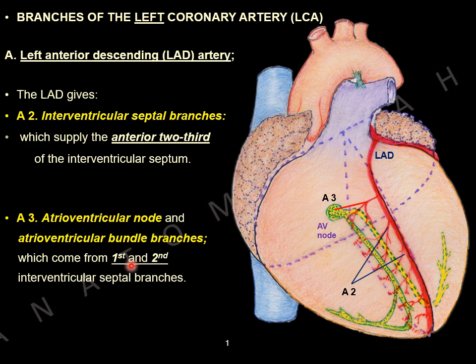They come from the first and second interventricular septal branches. So these are the interventricular septal branches coming from the LAD. The first and second interventricular septal branches will supply the AV node and AV bundles also.